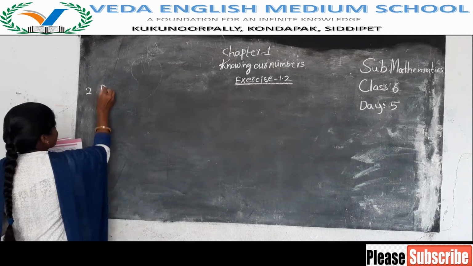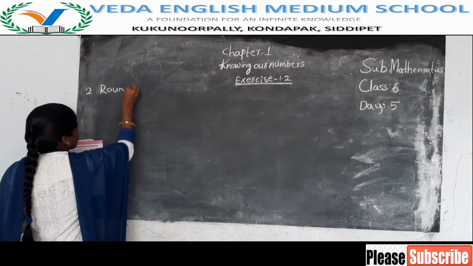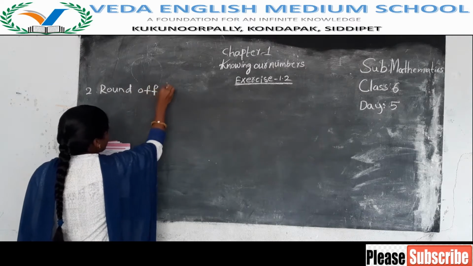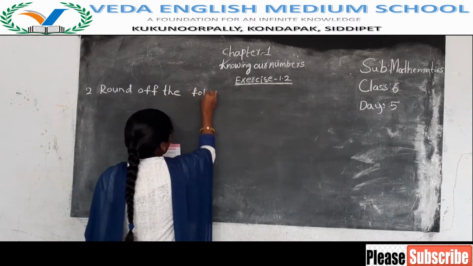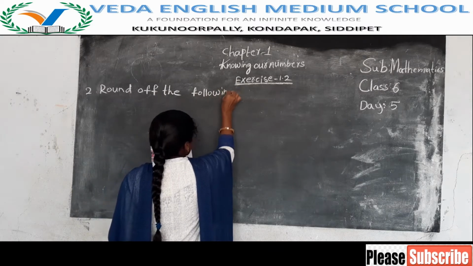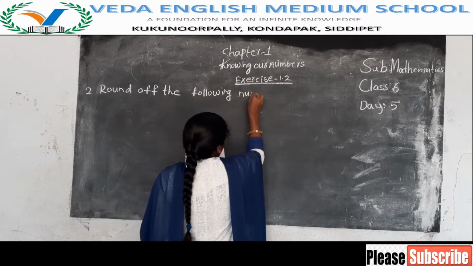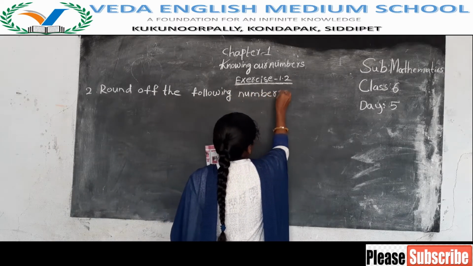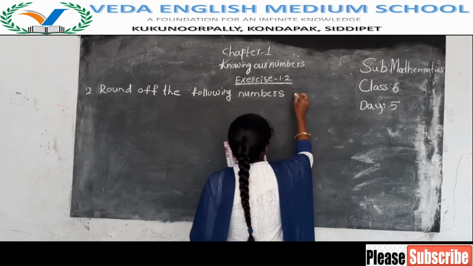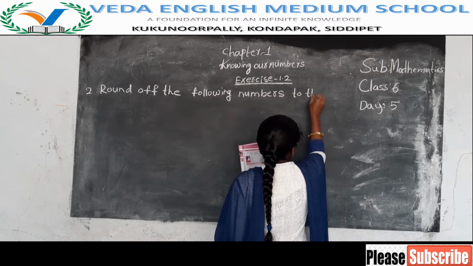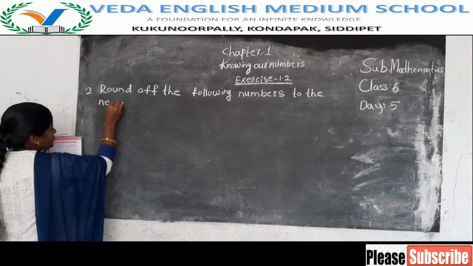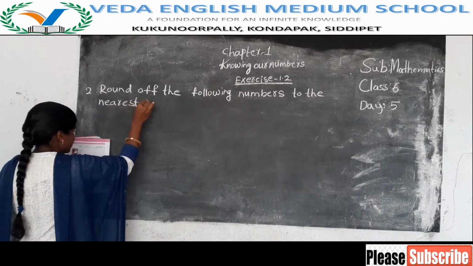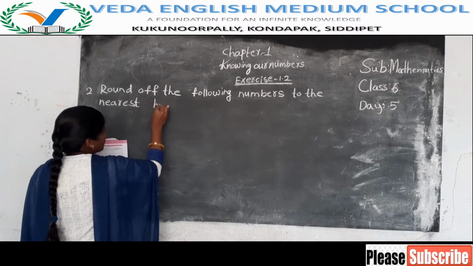Second bit, round up the following numbers to the nearest hundreds.